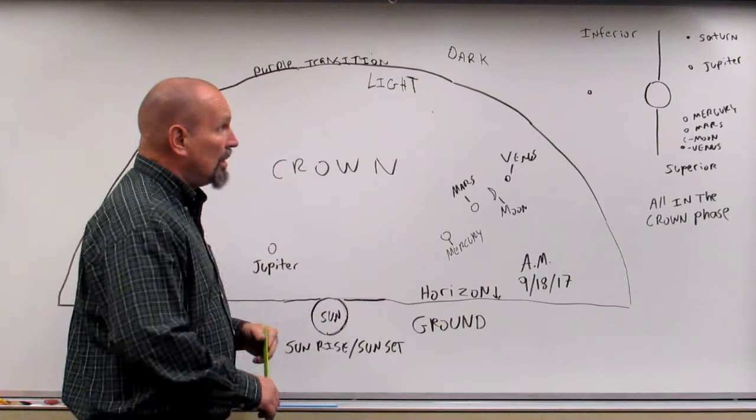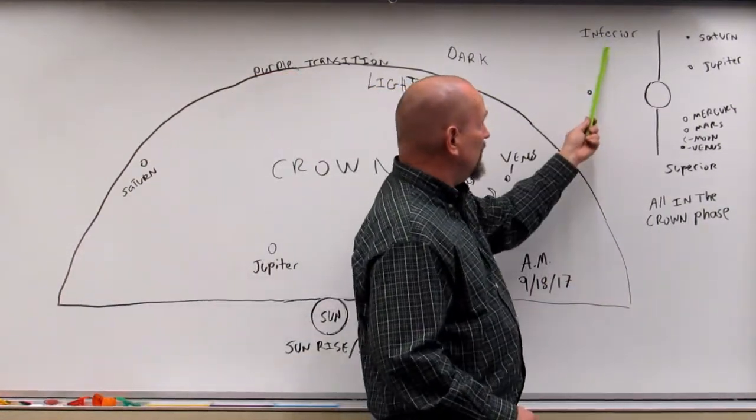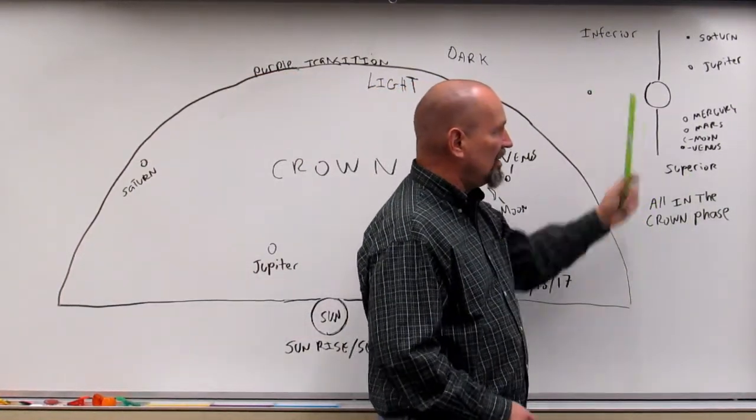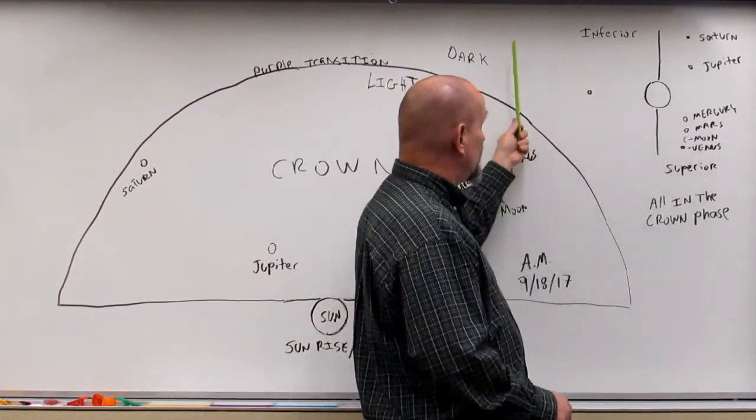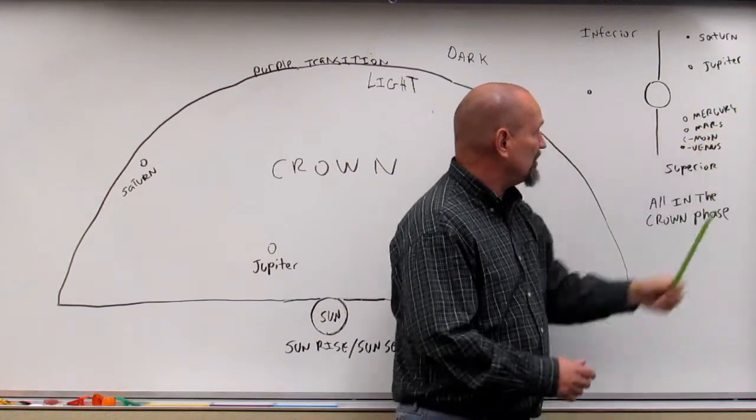All right, remember we talked about what's called the inferior and the superior sides of the sun. Okay, here's the Earth right here, and then over here, this would be the inferior side, this would be the superior side.